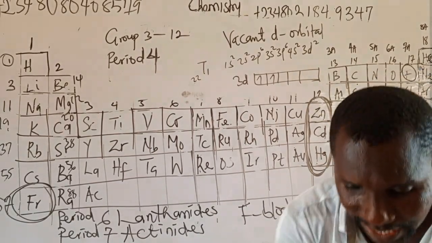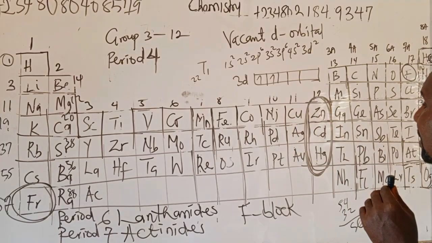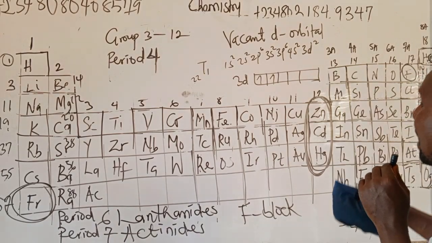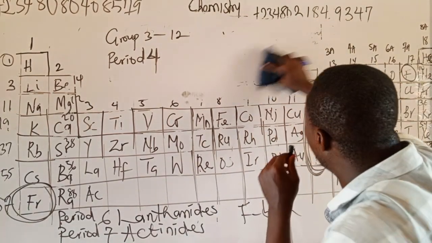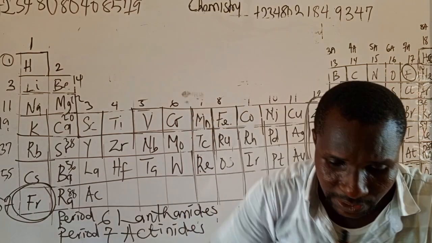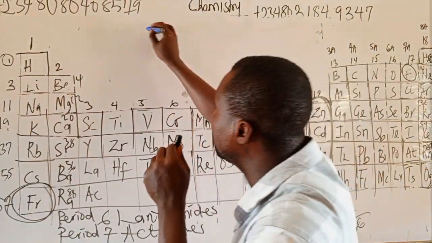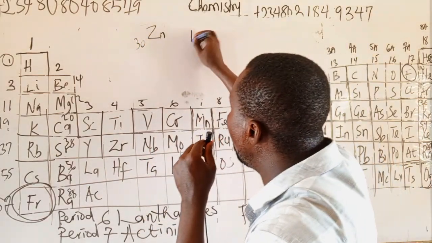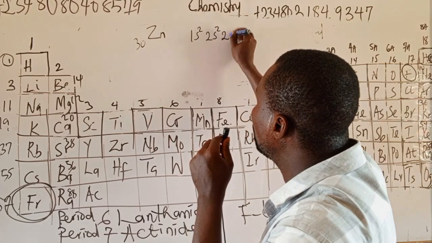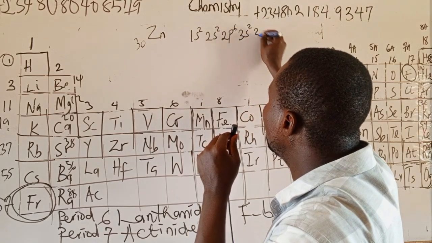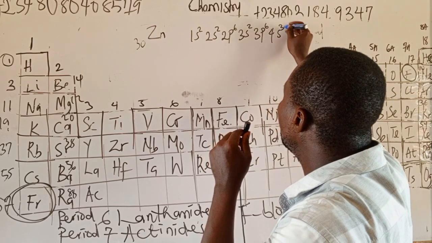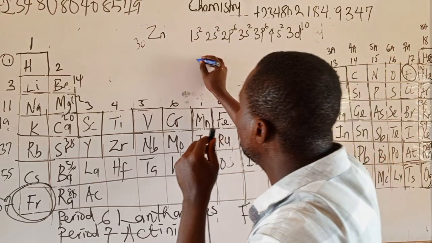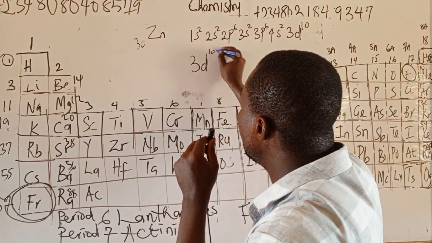Let us look at that. Zinc: the atomic number of zinc is 30. If you draw the electronic configuration, we have 1s2, 2s2, 2p6, 3s2, 3p6, 4s2, 3d10.